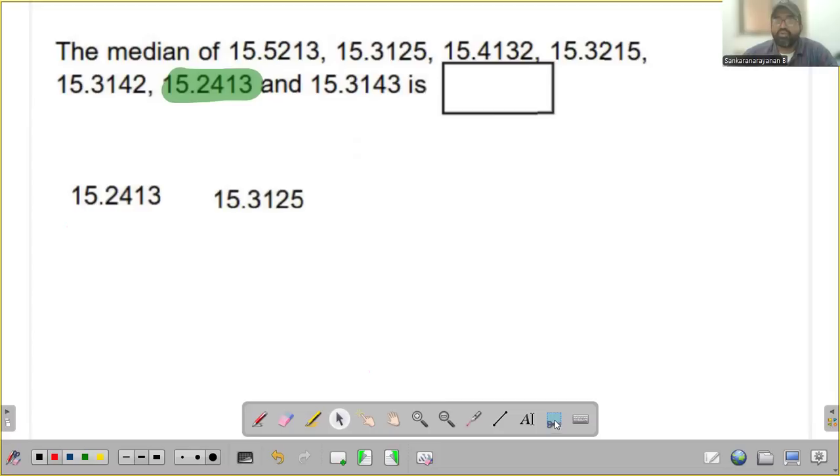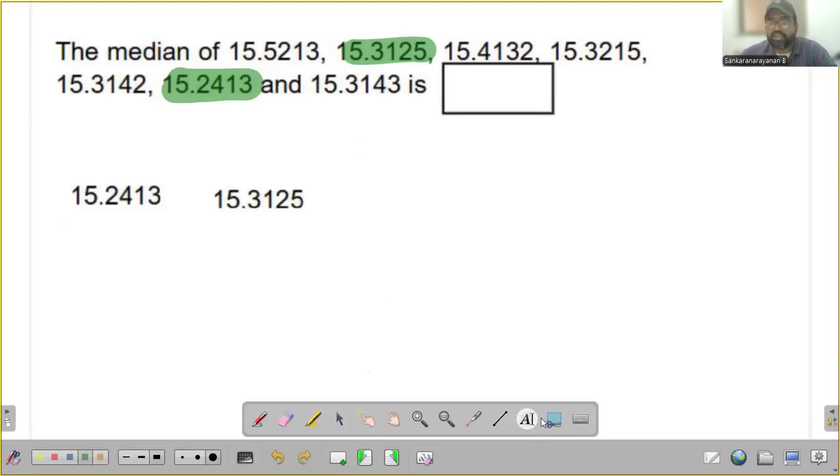I have taken that 15.3125. The next bigger numbers are 15.3142 and 15.3143. Those two numbers I am going to consider.